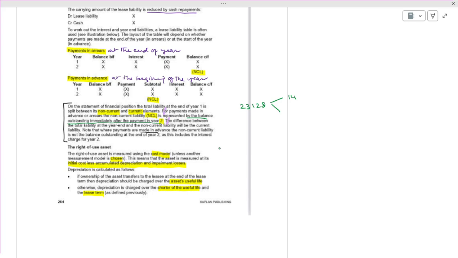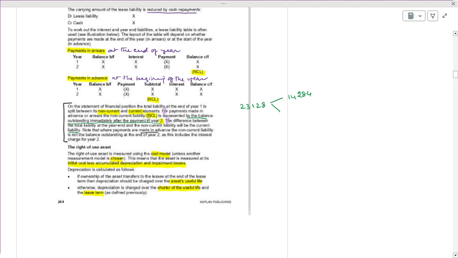Is it right? The difference between the total liability at the year end and the non-current liability will be the current liability. Is that what they are saying?